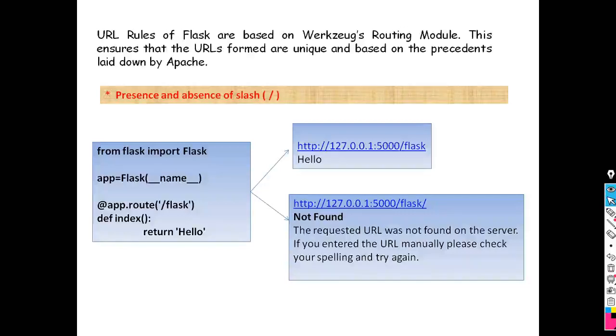So the URL rules of Flask are based on the Werkzeug routing module, and this ensures that the URL forms are unique and based on the precedents laid down by Apache.